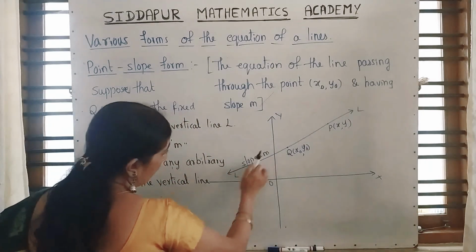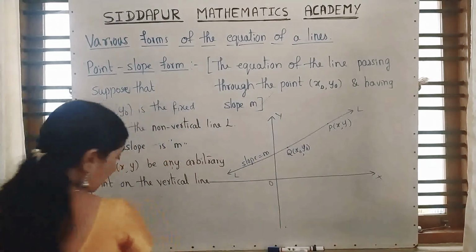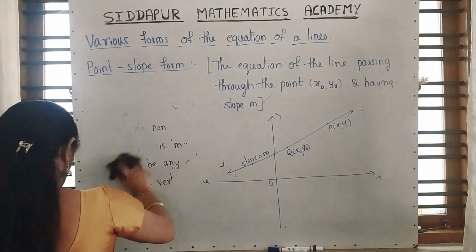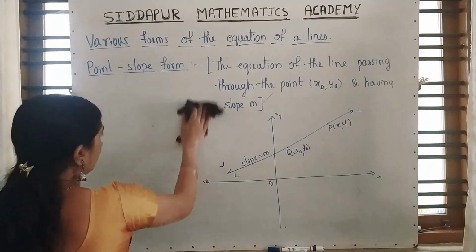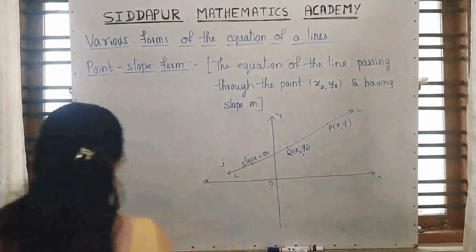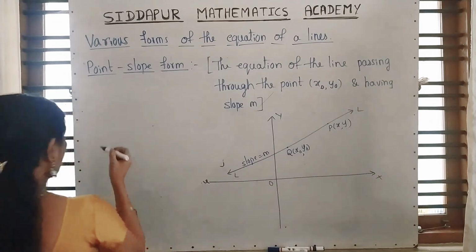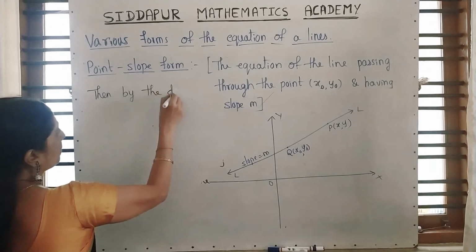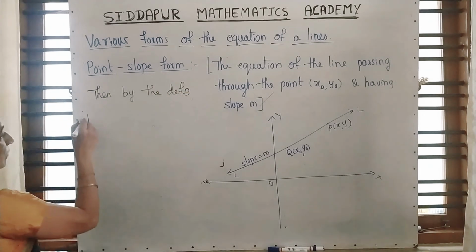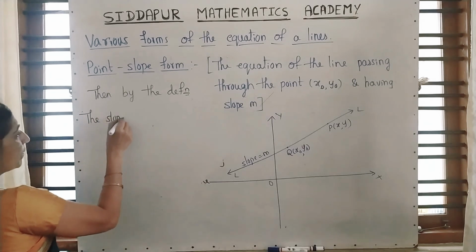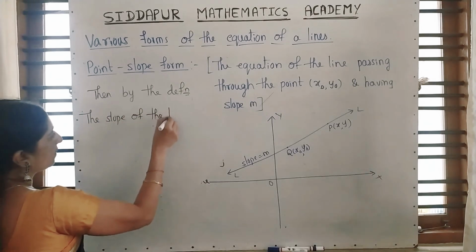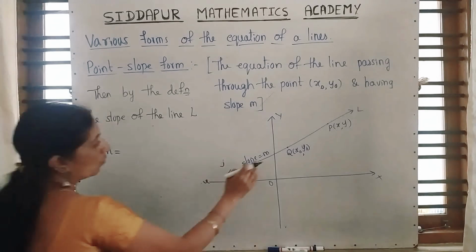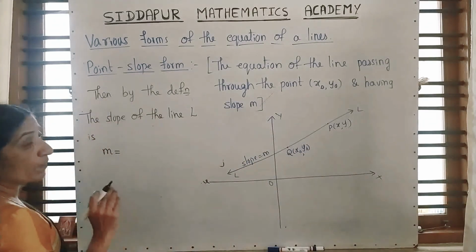The slope is given, the slope of the line is m, and 2 points are given. If 2 points are given, you know how to write the slope. By the definition of the slope, the slope of the line L is m = (y2 - y1)/(x2 - x1).